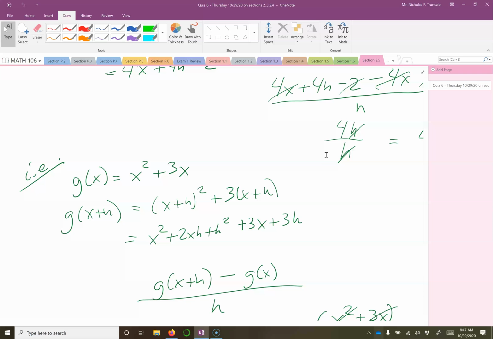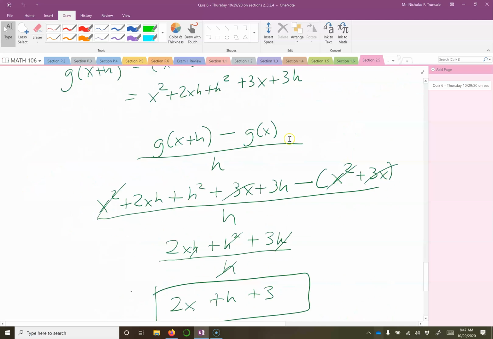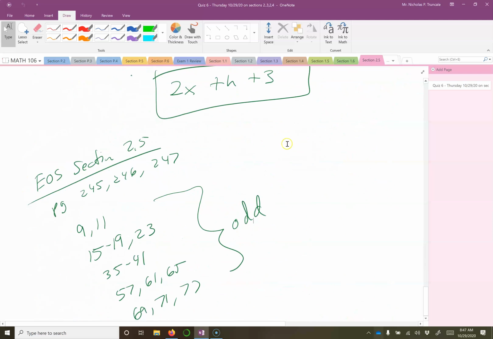There's a function that represents the slope at any location on that parabola. And that's essentially what you use this difference quotient for. So there you go. There were the homework problems. There weren't that many. Are there any questions on any of these 2.5 homework problems? Okie doke. Perfect.